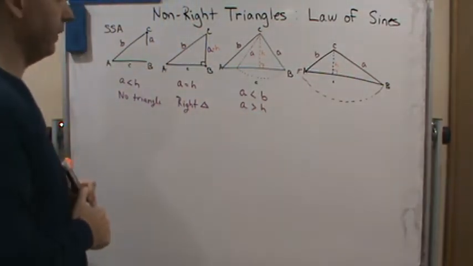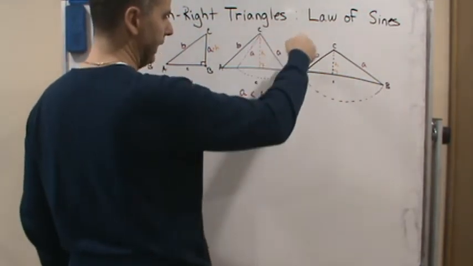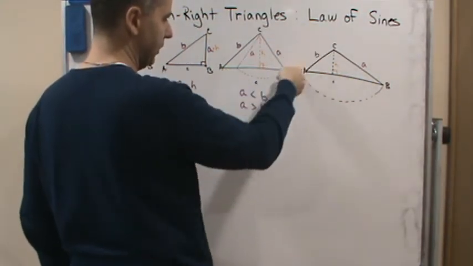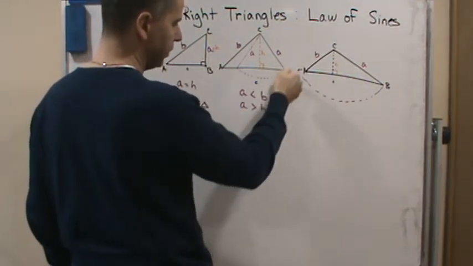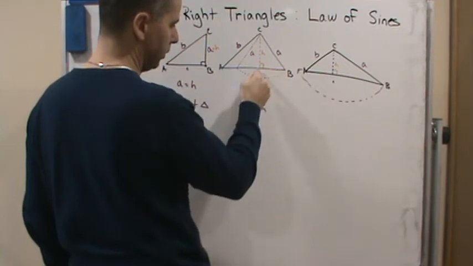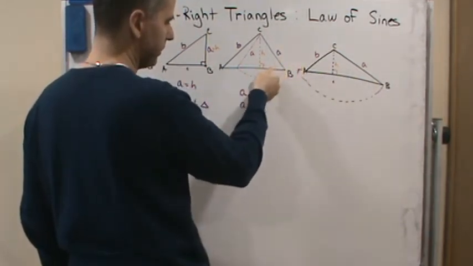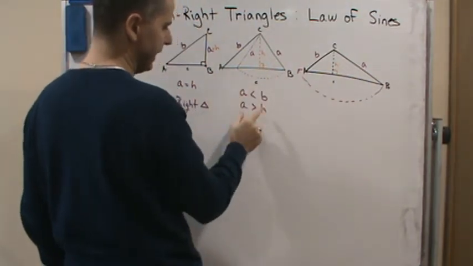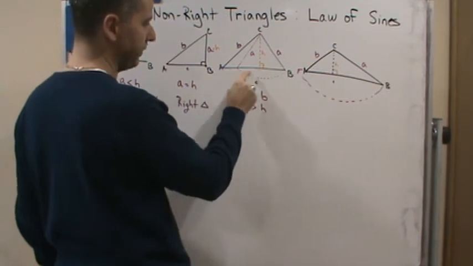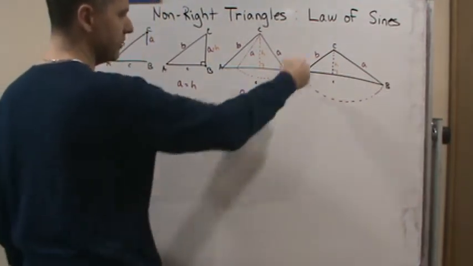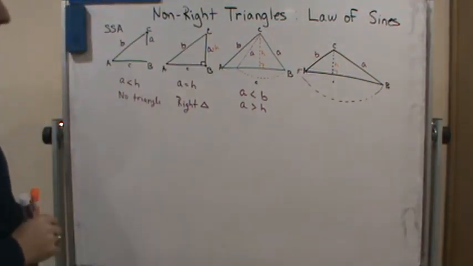That means A is long enough that it's going to intersect this side in two places. Because it's greater than h, it swings down below, intersects somewhere over here, and swings back up. But because A is less than B, it intersects somewhere on the other side of h. So this is going to create two possible triangles.